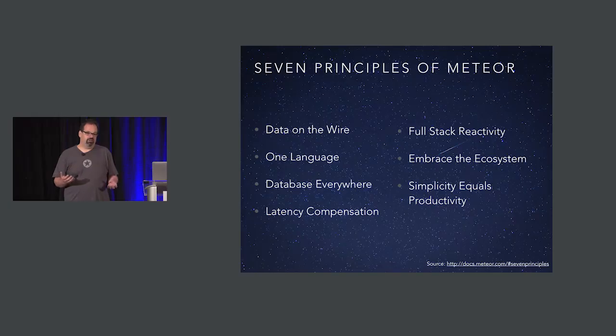Latency compensation. This is really slick stuff. Let's say that you're going to submit a comment on a blog post. You enter your text in the comment field and hit submit, hit save, whatever. The way Meteor usually works is that the comment is saved first to the browser.